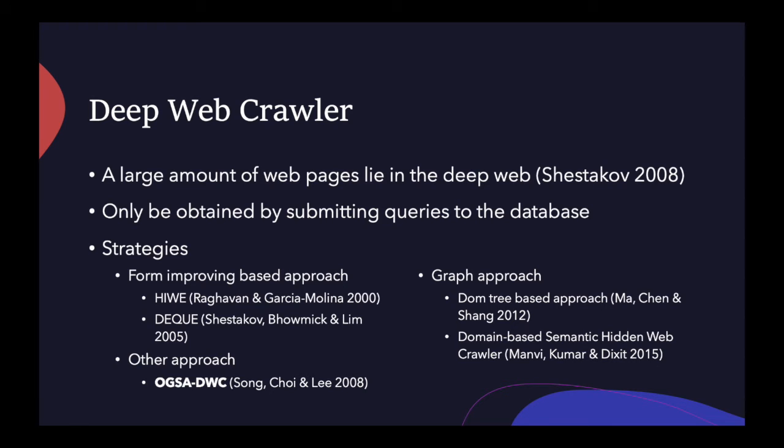Different strategic approaches to deep web crawling have been proposed. Some strategies try to improve the query form submitted to the database. Others explore graph algorithms such as Steiner tree to obtain more efficient crawling. The one I would like to introduce here is the grid-based middleware named Open Grid Services Architecture.